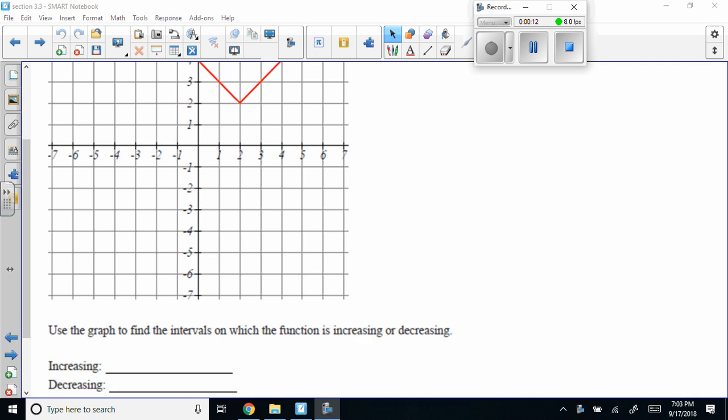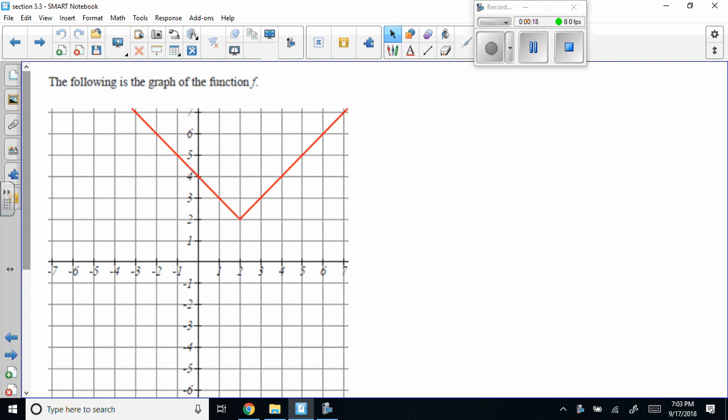All right, so on this problem, they're looking at increasing and decreasing, okay? So what we need to understand is the ability to walk up a hill or down a hill. You read a graph from left to right, period. So you'll walk upon this graph left to right.